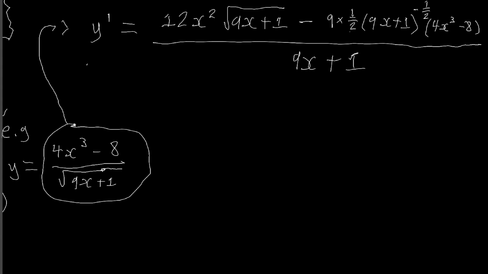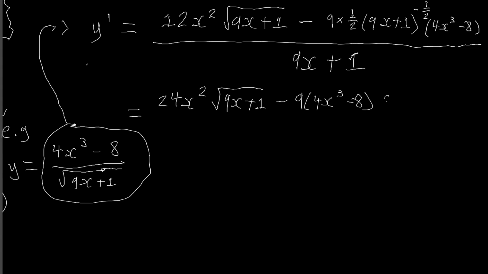Now, we can do a little bit of simplification here if we really want to. In order to get rid of this half in the numerator, let's multiply both sides of our fraction by 2. We'll end up with 24x squared multiplied by the square root of 9x plus 1, subtracted by 9 times 4x cubed minus 8, multiplied by 9x plus 1 to the power of negative 1/2.